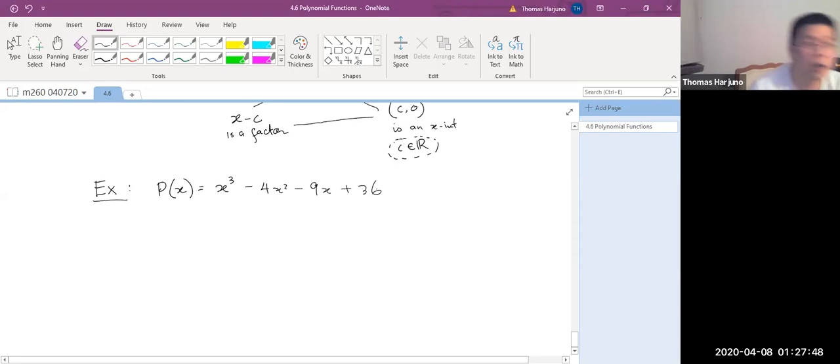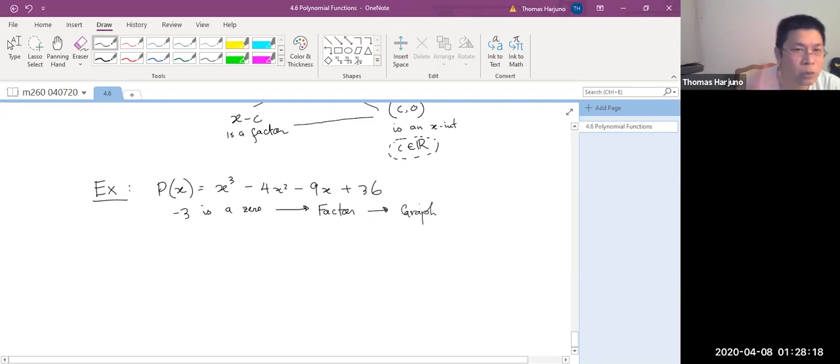And somebody says that, you know what, -3 is a 0. Now, once I tell you this little secret, can you factor the polynomial? And once you are able to factor it, we will be able to graph it.